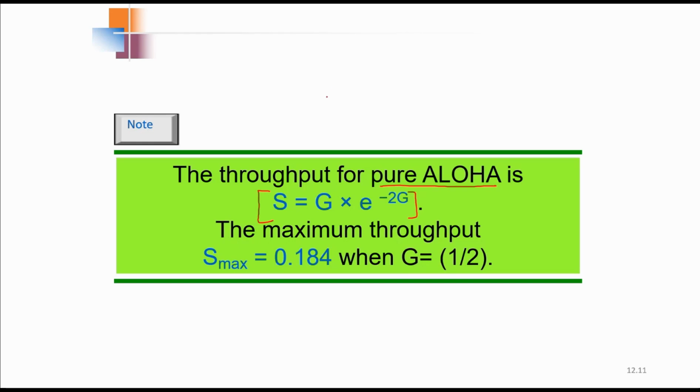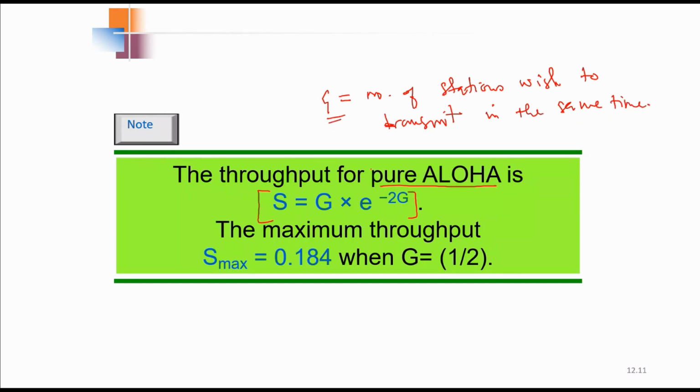Here G is considered as the number of stations wishing to transmit at the same time. If G stations want to send data at the same time, then the throughput is given by S equals G into e to the power minus 2G. That is in case of pure Aloha, and the maximum throughput possible is 0.184 or 18.4% basically, when G is equal to half. This is the analysis for pure Aloha.